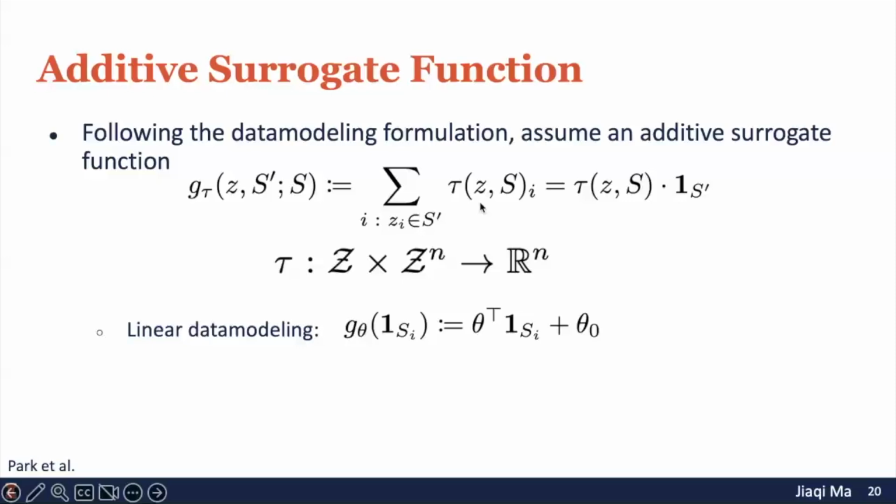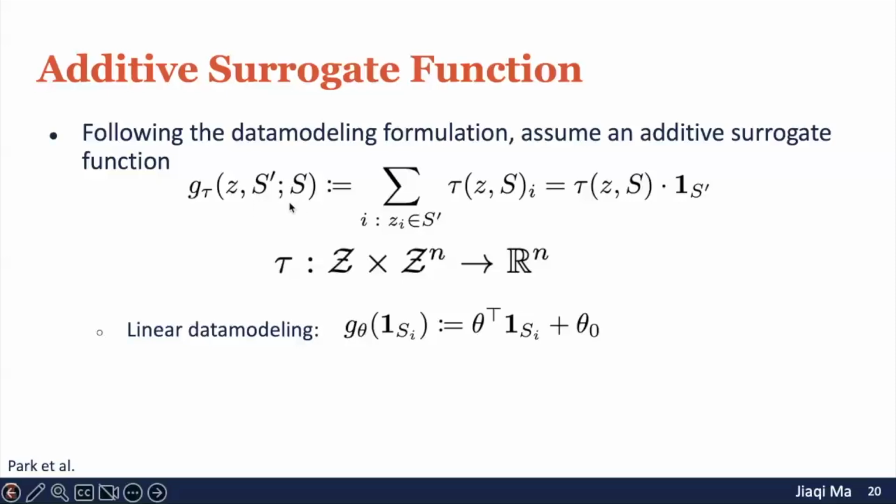Now, in this paper, they assume that there's a tau function that outputs an n-dimensional vector, and the additive surrogate function G will be defined as this tau function, the tau vector, times the binary indicator vector corresponding to some subset Si.